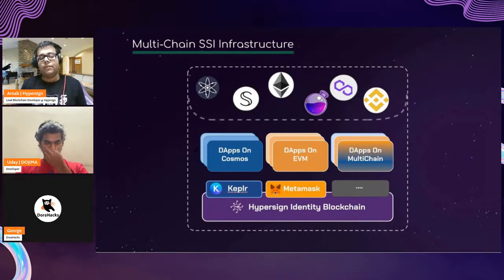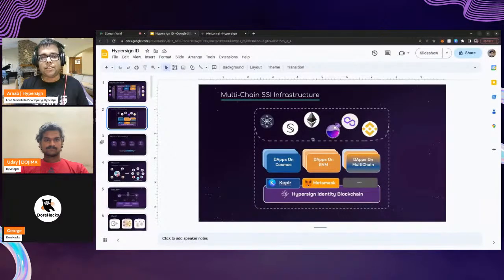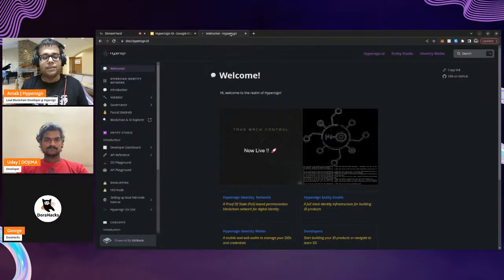Currently we have Keplr and MetaMask as the supported wallets on our chains, but as we go further, we will also be integrating wallets from other blockchain ecosystems as well. So this is the multi-chain SSI infrastructure which Hypersign provides.